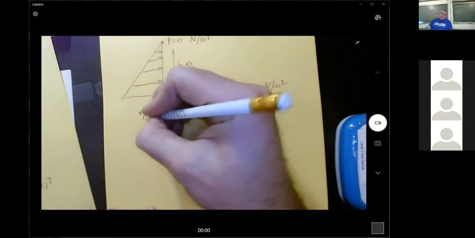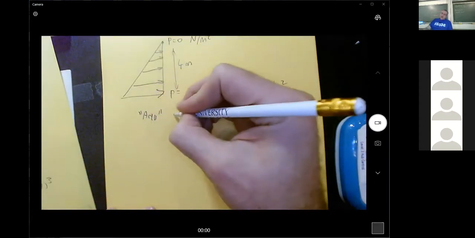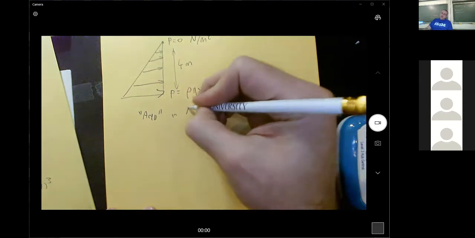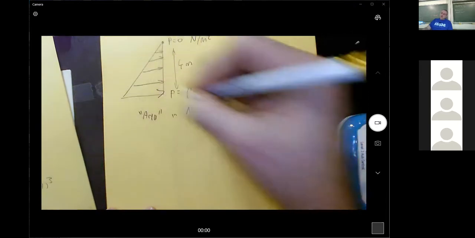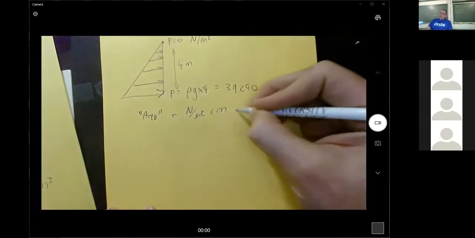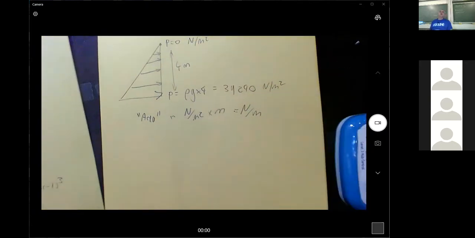So the area here will be measured in newtons per meter squared this way times meters this way, which will produce newtons per meter total. And so if I can figure out the area of this triangle and multiply it by the length, it should produce a total number of newtons then.